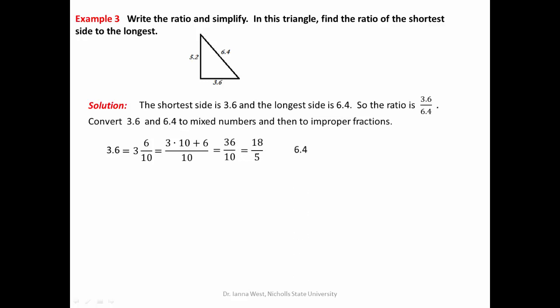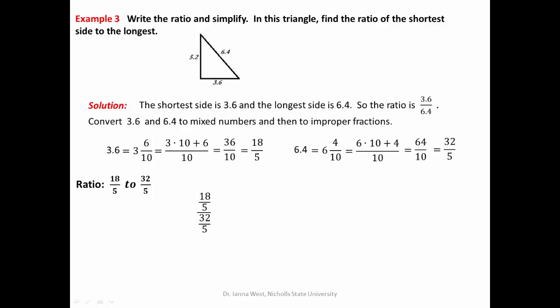We can now write 6.4, which is 6 4/10, as the mixed number 6 4 over 10. Multiplying 6 times 10, adding 4 to that result, and then dividing by 10 will give us our improper fraction 64 over 10, which may be reduced to 32 over 5. Now we have a ratio of 18 over 5 to 32 over 5.